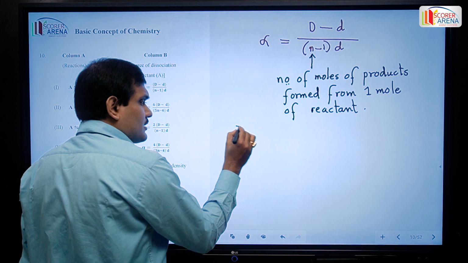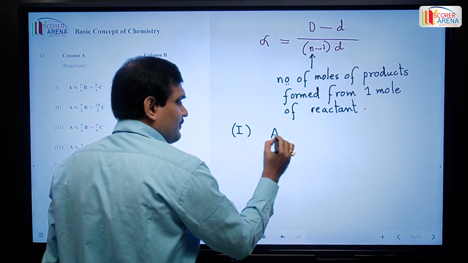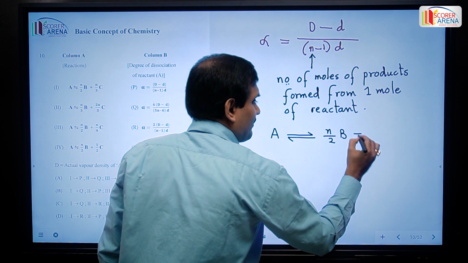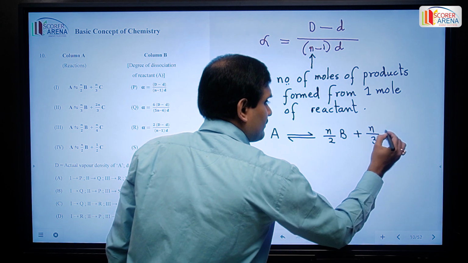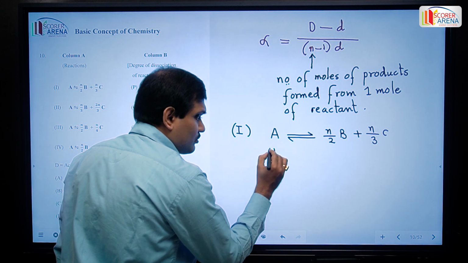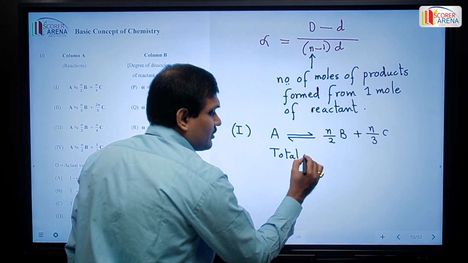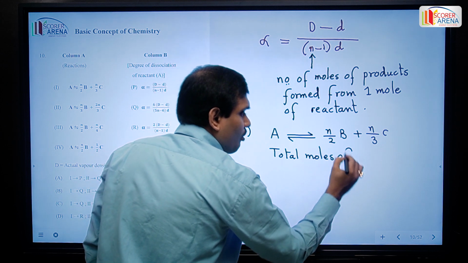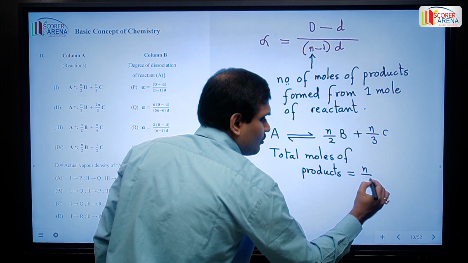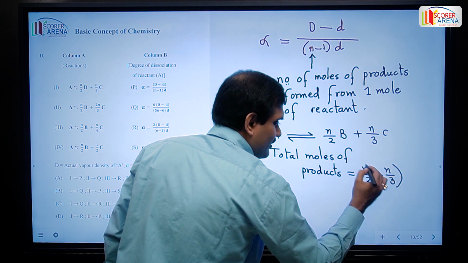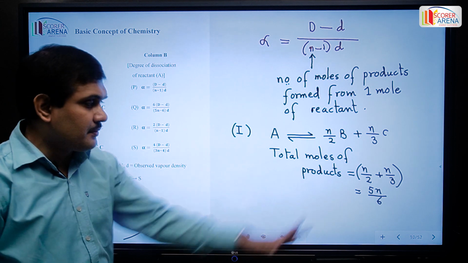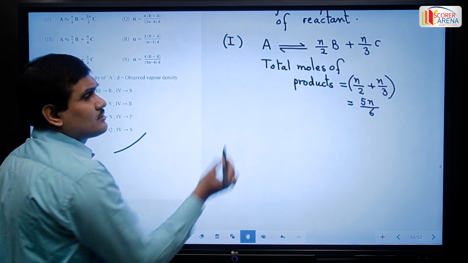For the first reaction, A gives n by 2 mole B and n by 3 mole C. So 1 mole A will produce total moles of products, n by 2 plus n by 3, that will be equal to 5n by 6. Now you apply this in the above formula.